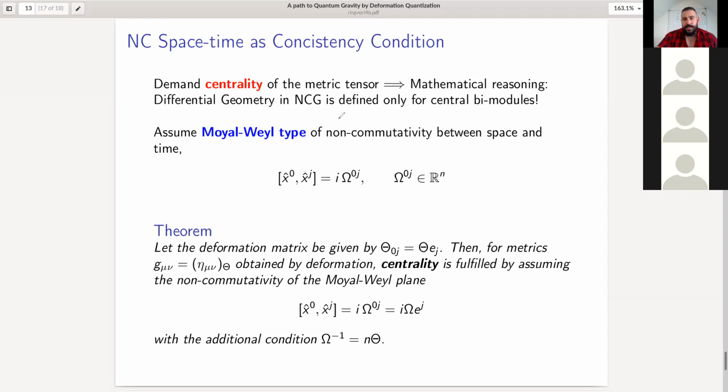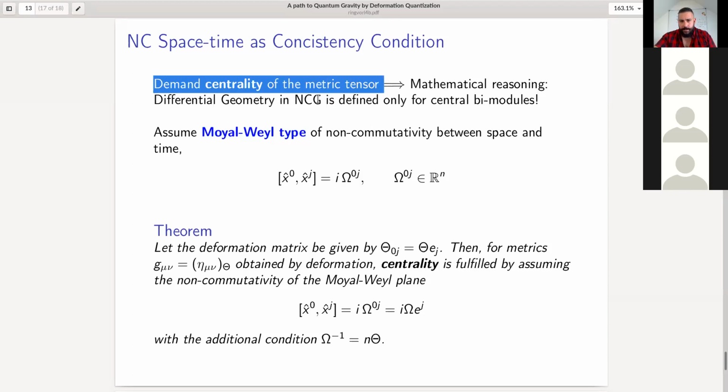And what is interesting is there is a certain demand, so in non-commutative geometry, especially when it comes to calculating not the differential forms, but basically generalizing the differential geometry framework to a non-commutative algebraic framework, people obtained the centrality demand, okay?